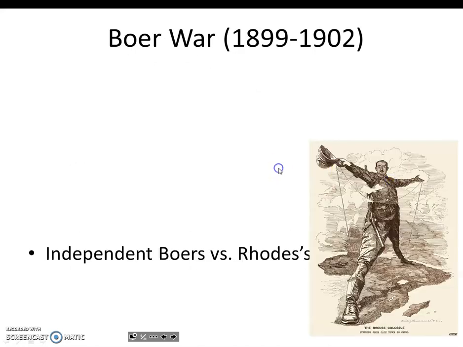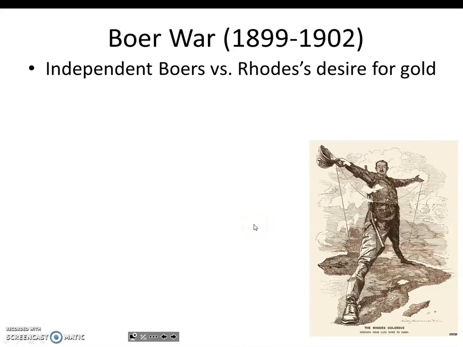Now, clashes between Brits and Boers stemmed from this guy, the imperialist Cecil Rhodes, and his ambition to build an empire from Cape to Cairo. And you can even see down here, the Rhodes Colossus, striding from Cape Town to Cairo.